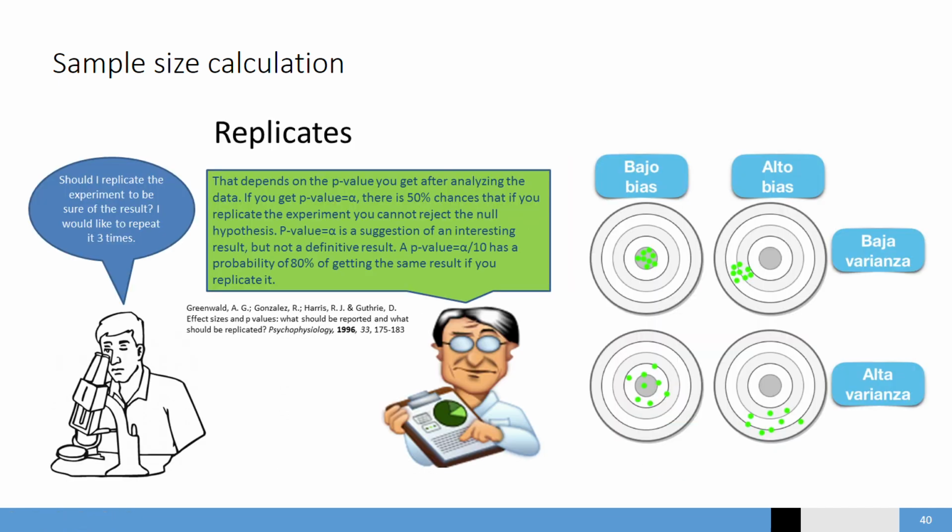Also, some researchers think that they have to replicate their experiment 3 times to be statistically significant. And there are two aspects here. One is bias, the other one is variance. So let's say that there is a true gap between the two groups. Let's say that in reality this gap is 25. You measure it once with two groups and you don't get exactly 25.